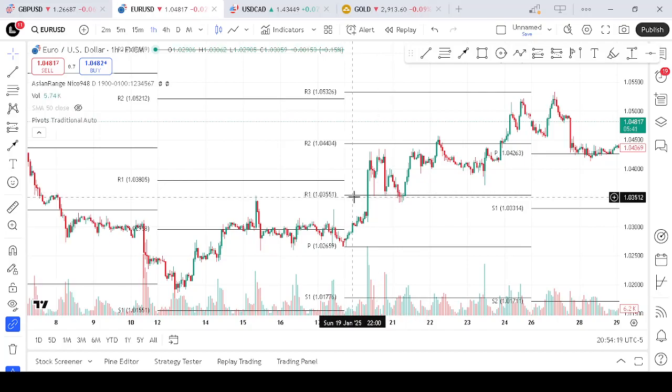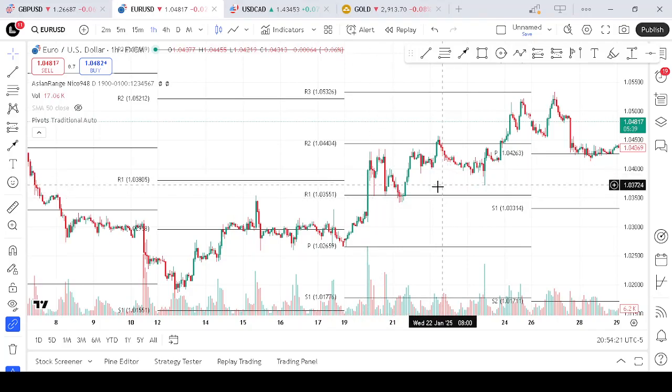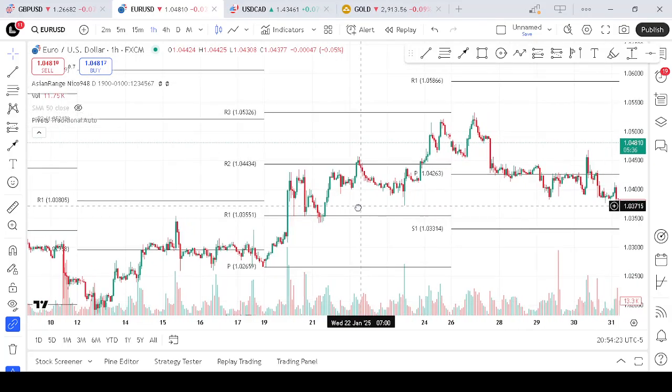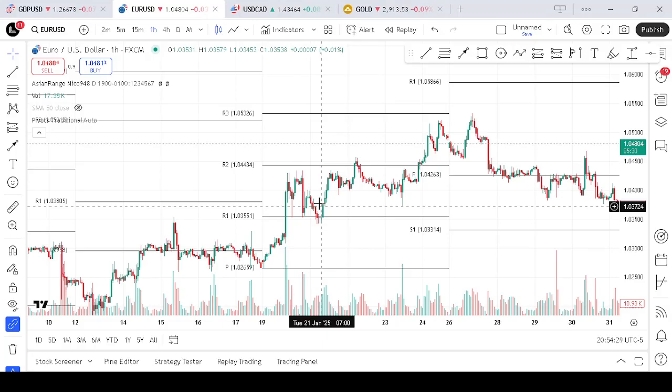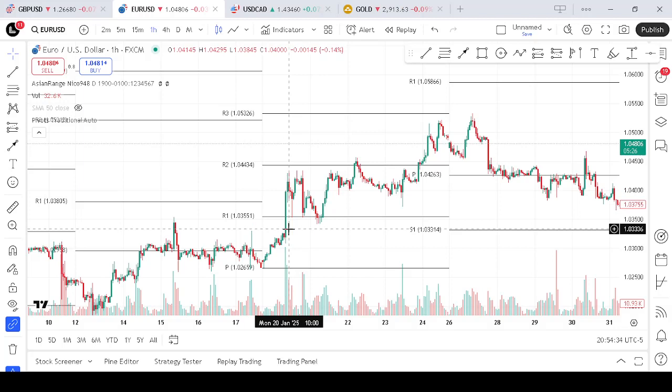Once price approaches the R1 or R2, your entry trigger should come when the candle closes convincingly above either level. Look at this example, the candle closed convincingly above the R1.